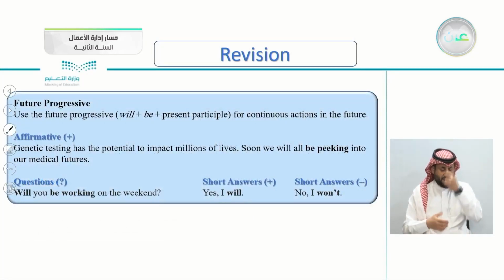This is the lesson from our previous lesson. Of course, the four meaning function: the future progressive, the form is will, be, and the present participle, to talk about continuous action in the future, actions in progress in the future.